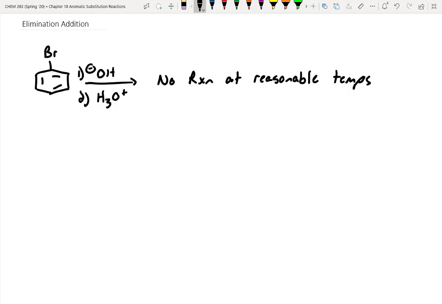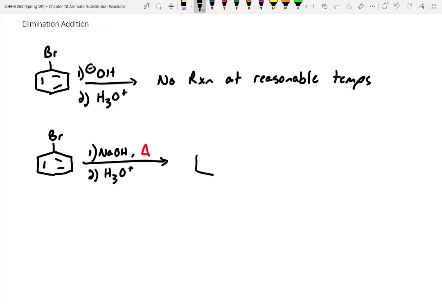So you don't get any sort of substitution reaction to occur. All right, what you can do is you can just heat it, get it really, really, really, really hot. So I'm going to even do that in red to emphasize it has to be super hot.